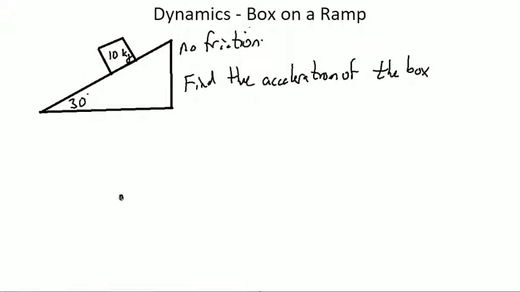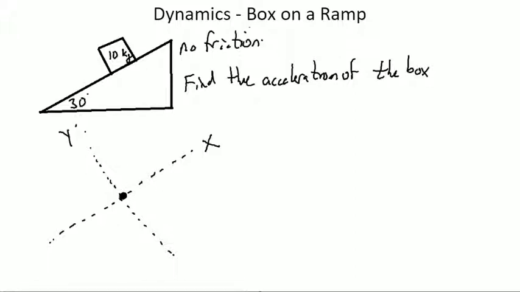I'm now going to follow the procedure outlined in the reading that we did earlier on, and I'm going to put in my x-axis parallel to the surface. So this dotted line is the surface, and it is my x-axis, and again, here is my object. A big force diagram is a good force diagram. I'm then going to put in my y-axis perpendicular to my x-axis. So there's my y-axis.